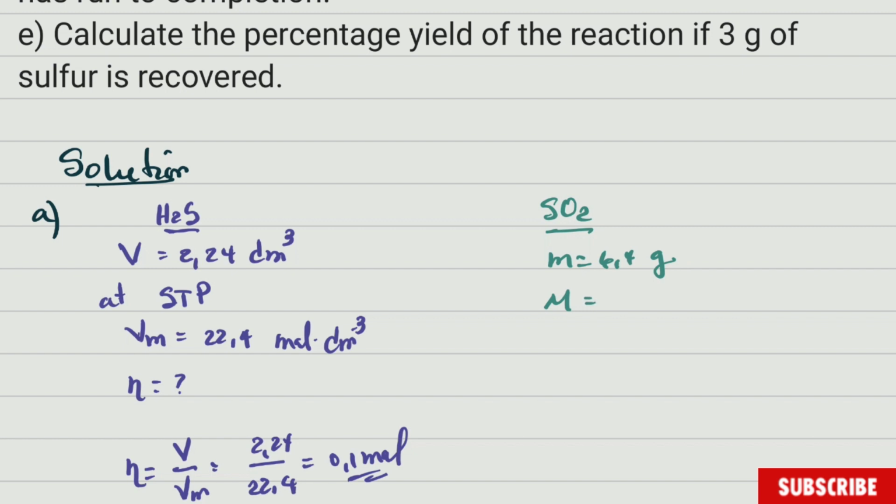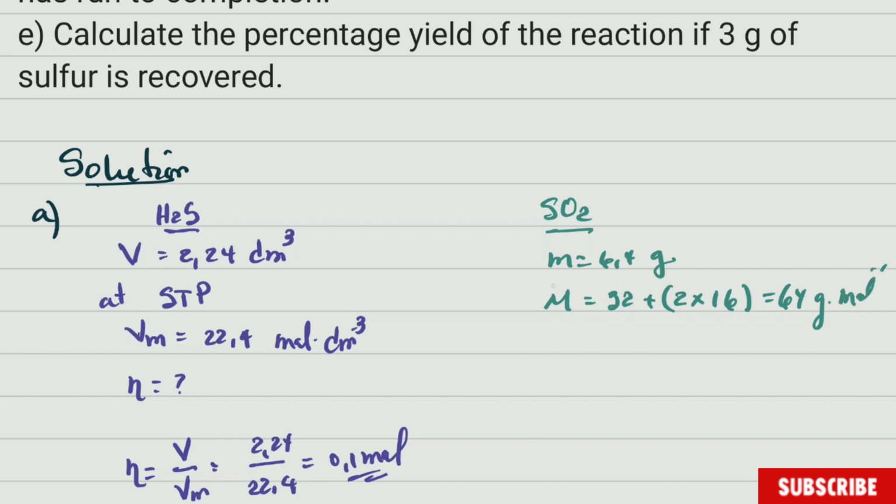So we are going to calculate real fast the molar mass of sulfur dioxide here. The molar mass is 32 plus 2 times 16, and this one will give you 64 grams per mole. There we go.